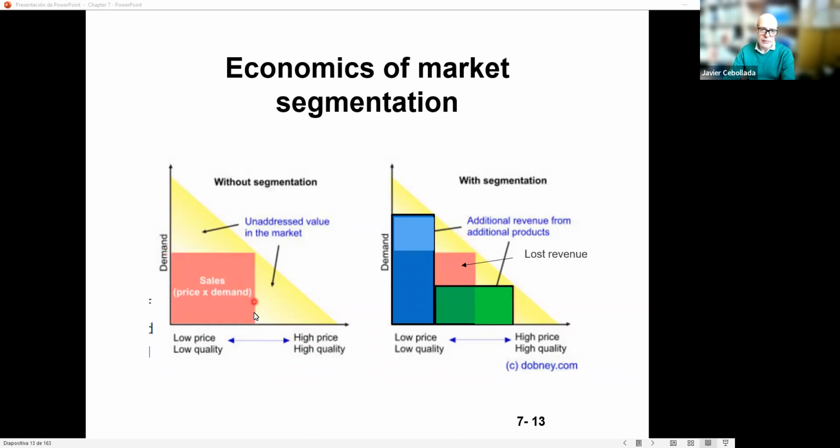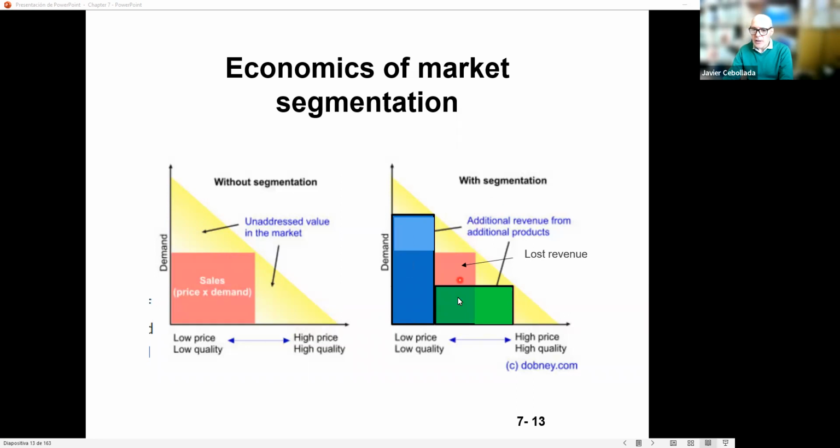So the area of this rectangle will be the sales or the revenues of the company, as the product of the price and the demand. And we can say that the company is losing all this value of these two triangles here, okay?